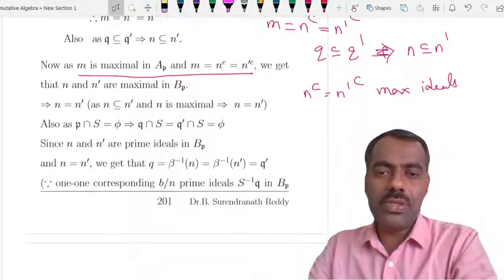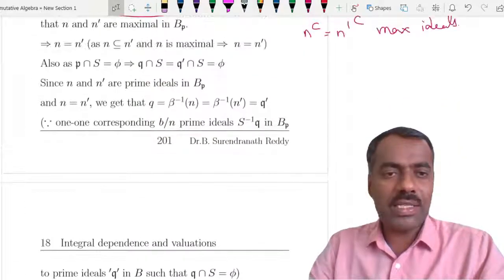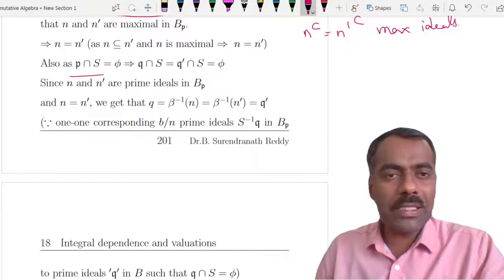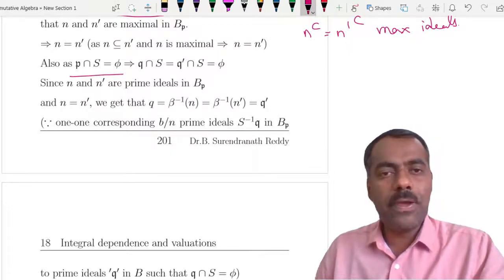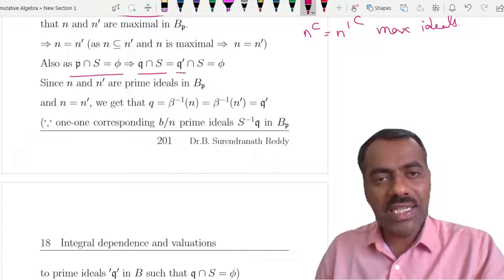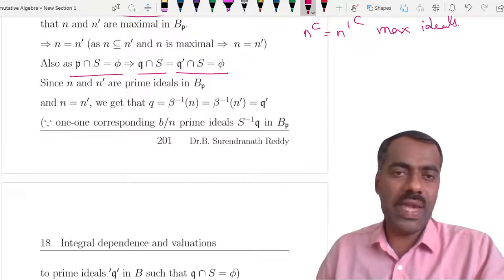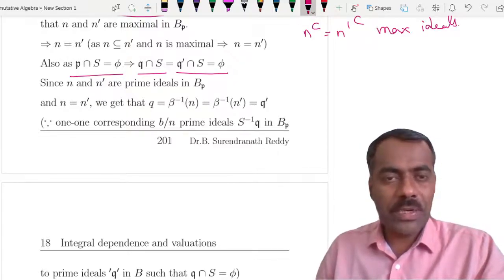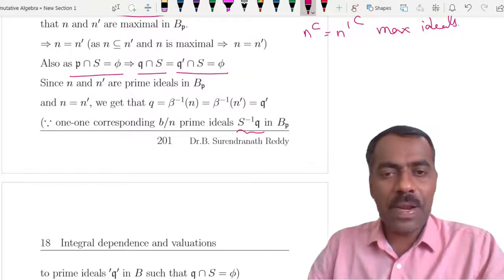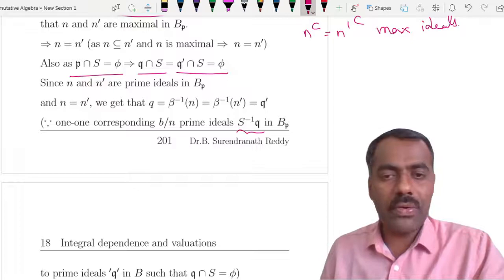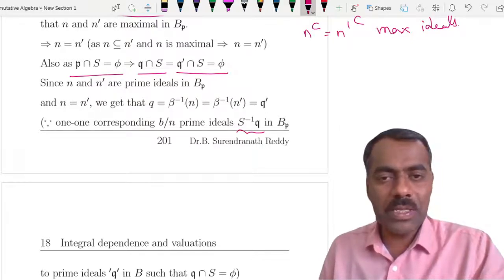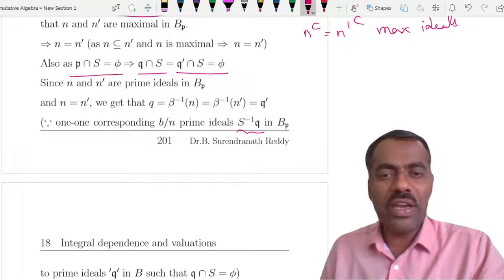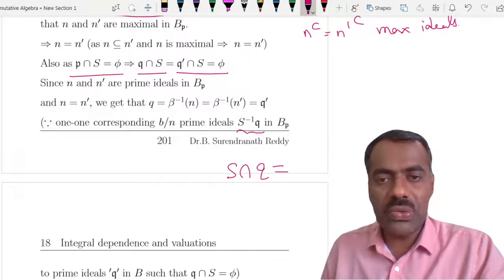Now use the one-to-one correspondence also. Because P intersection S is empty, you can observe that Q intersection S and Q prime intersection S are also empty. So there is a one-to-one correspondence between prime ideals in S inverse B and prime ideals in B, that is, between S inverse Q and Q if S intersection Q is empty.